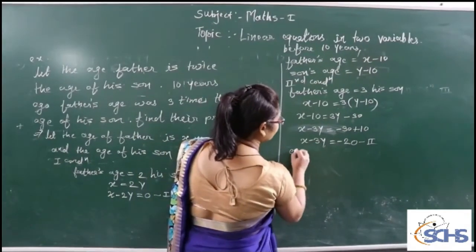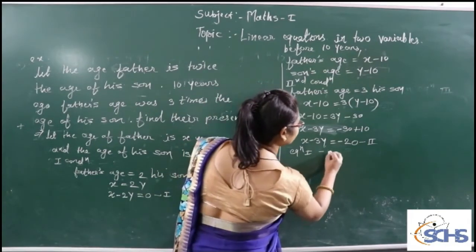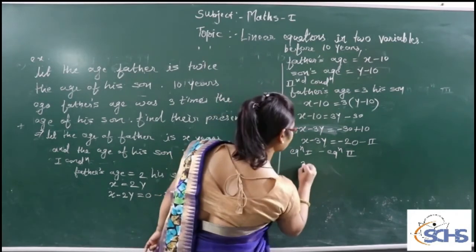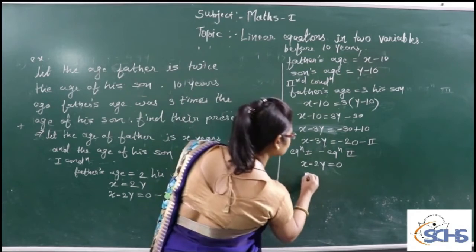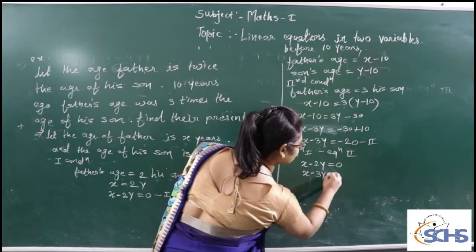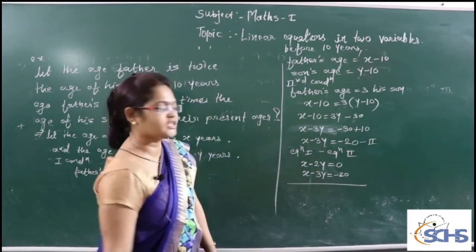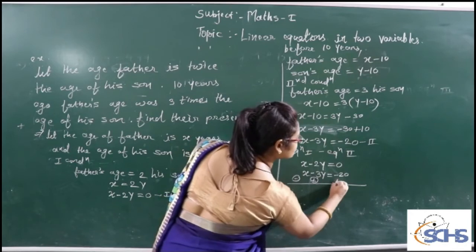So subtracting equation number 2 from 1. So equation 1 minus equation 2. First equation is x minus 2y equals to 0 and second equation is x minus 3y equals to minus 20. And whenever we have to do subtraction, the sign of second equation gets changed.